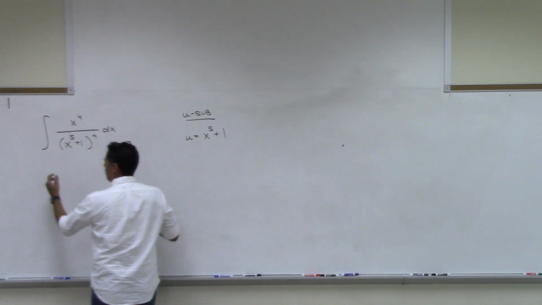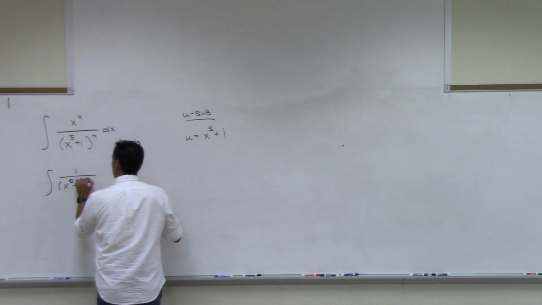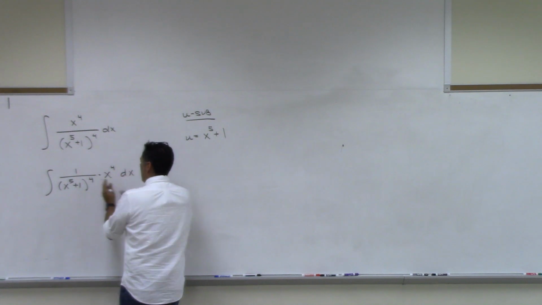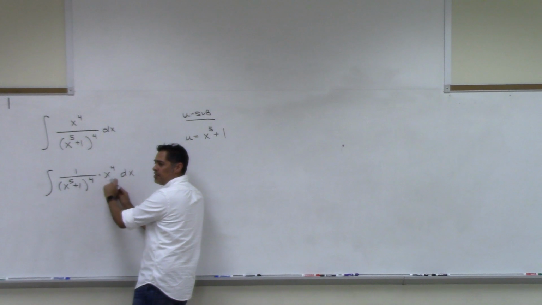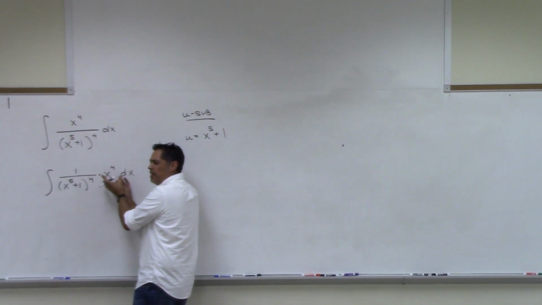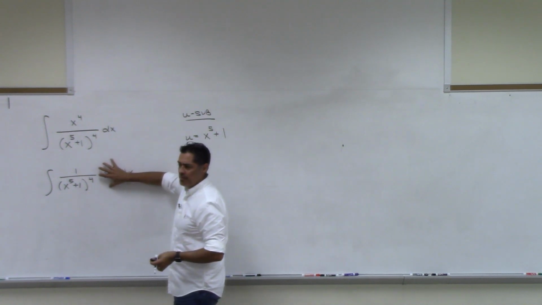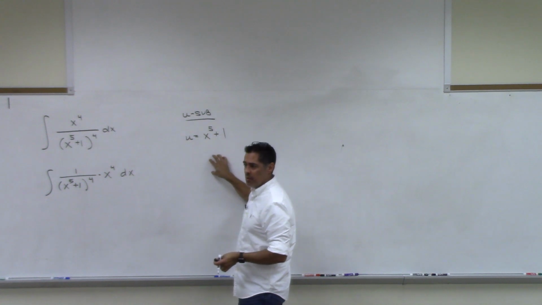In other words, you need to be able to rewrite the problem in a way that the derivative is off here on its side, because this thing right here is going to somehow turn into a du something. I don't know yet what it's going to be, but somehow this is going to get turned into something with du, because the derivative of this is going to have an x to the fourth in it.